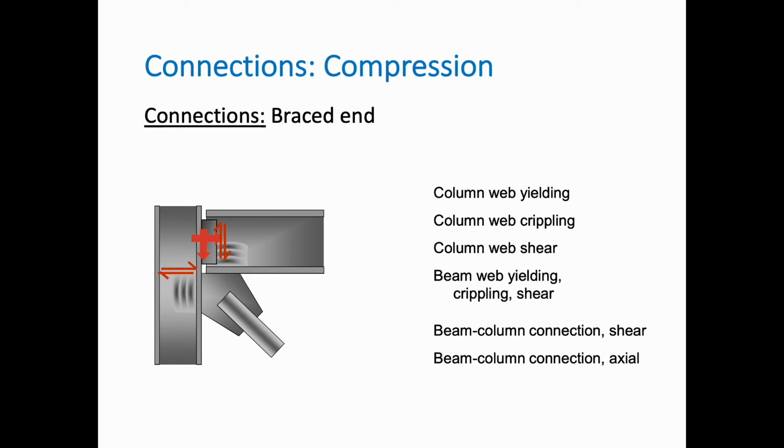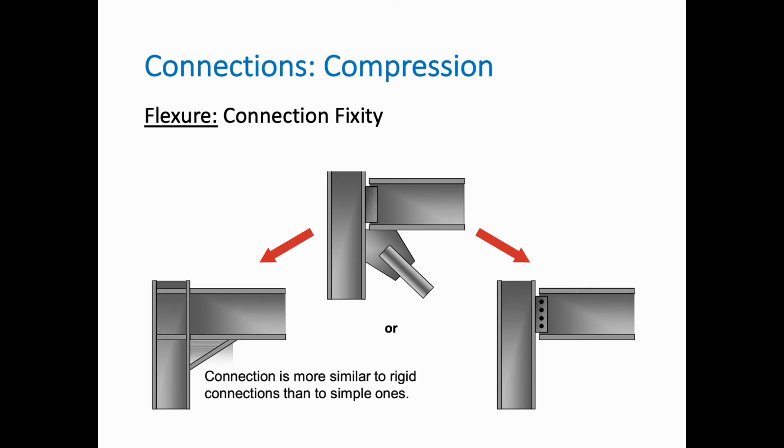So we have a number of failure mechanisms that we have to design for. We have the column web yielding and column web crippling in the zone where the gusset plate is. We have the column web shear, as we've seen before, the beam web yielding, crippling, and shear in this zone, and of course the beam to column connection shear, and the beam column connection axial force that we need to design for.